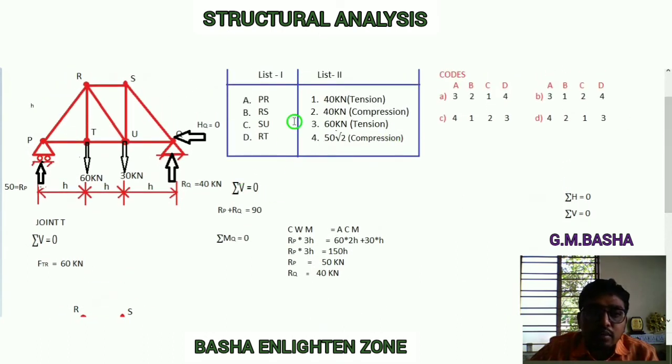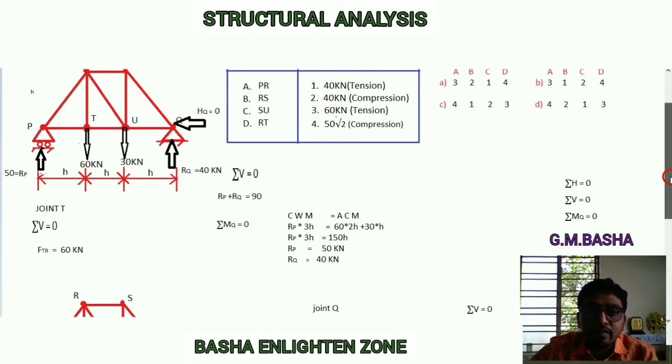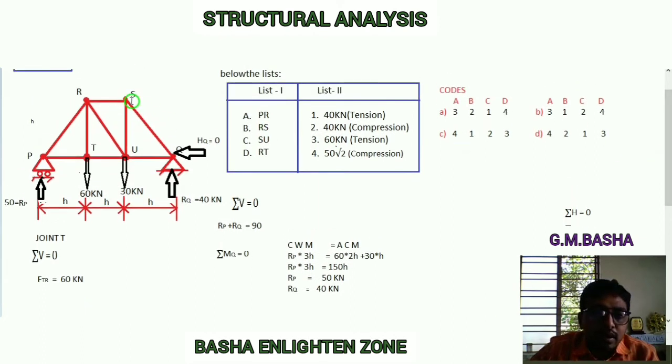See here, there are no such members in the given list. Then go for another member. There is another member, SU and SR also there. SR or RS will be there. If I choose this joint, then there is a chance of getting two members at this joint.